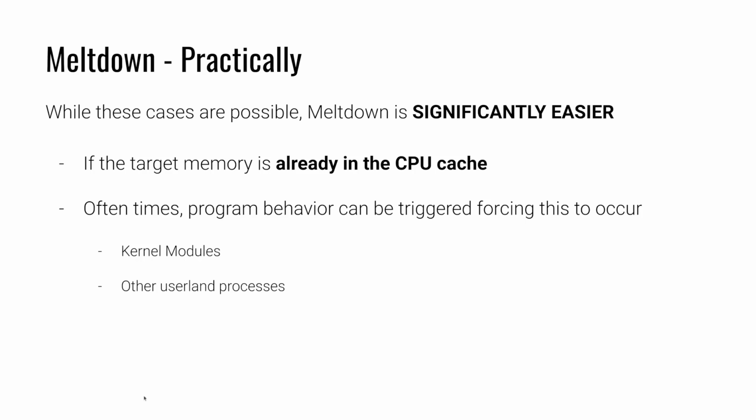So it isn't completely unrealistic to say it's a lot easier if the thing you're interested in leaking is already in the cache. There are ways to encourage or trigger program behavior in such a manner that this is possible.